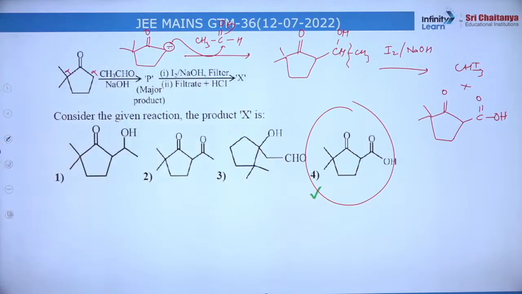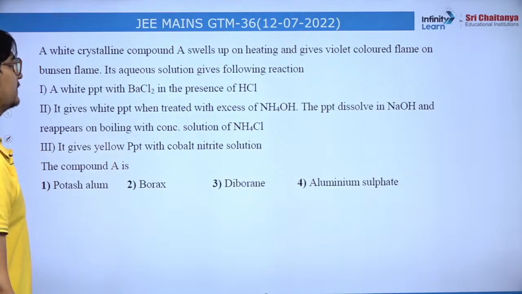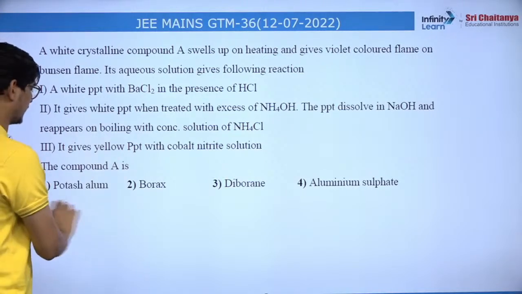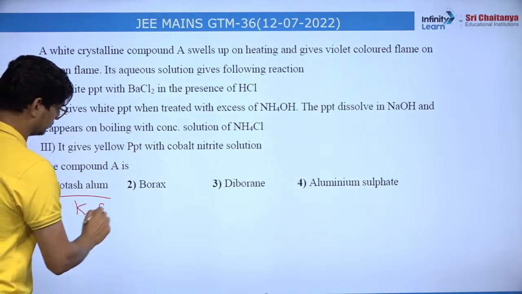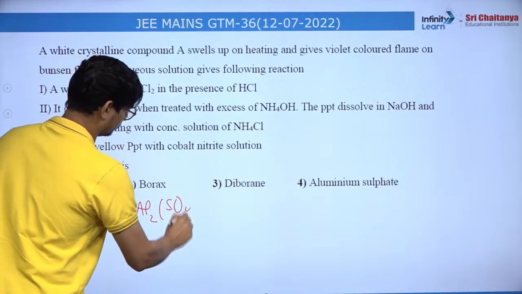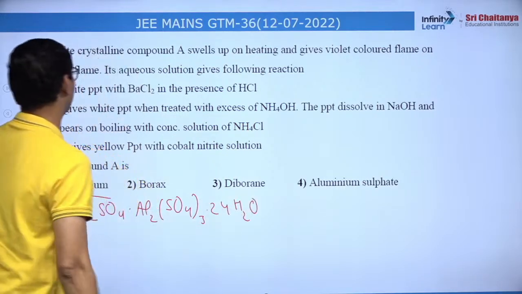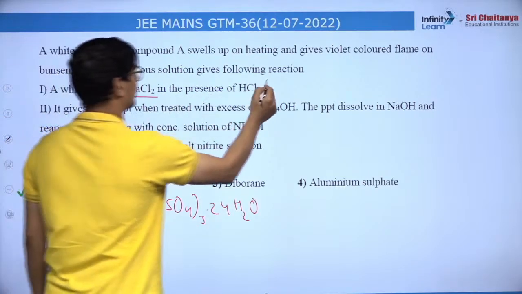Then a white crystalline compound A swells upon heating and gives a violet colored flame in the Bunsen flame. Its aqueous solution gives the following reactions. So which is the correct answer? Potash alum. A white precipitate with barium chloride, yes, barium sulfate.